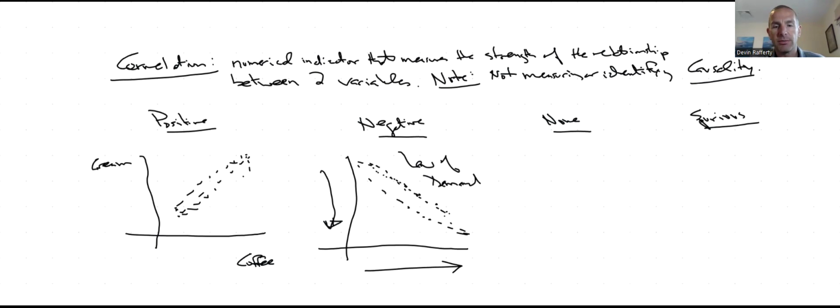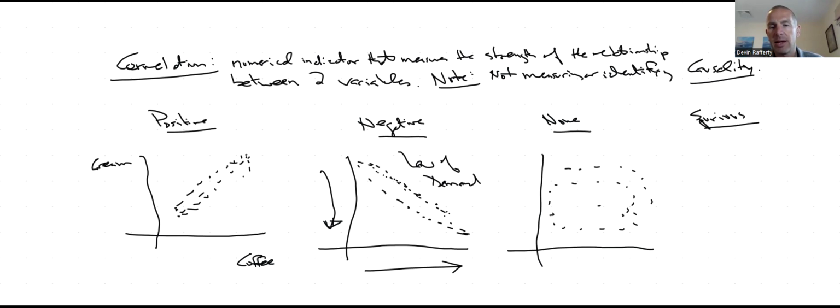No correlation just simply means that there's no real relationship we seem to be able to establish here, okay? We can't really pick out any sort of discernible relationship. Maybe we could have hair color, right? Hair color and average salary. Okay.